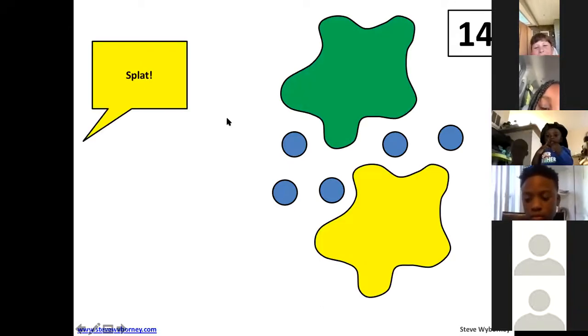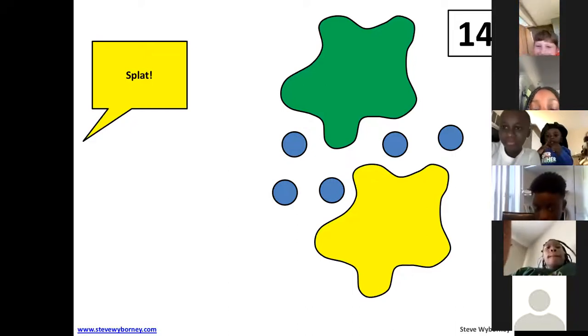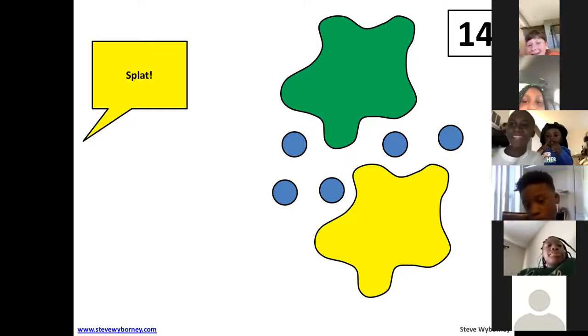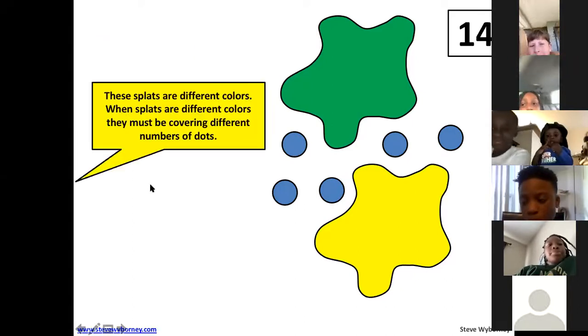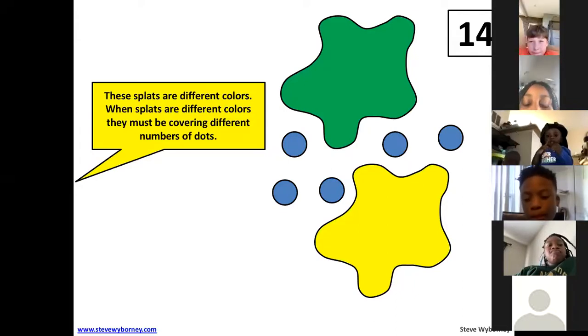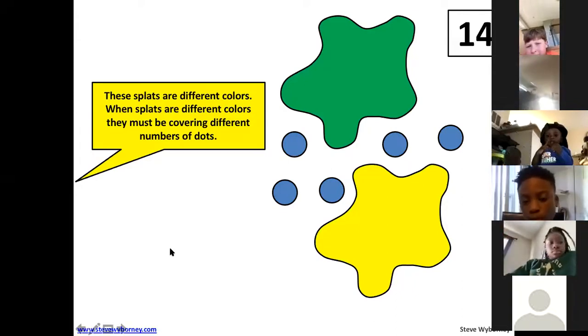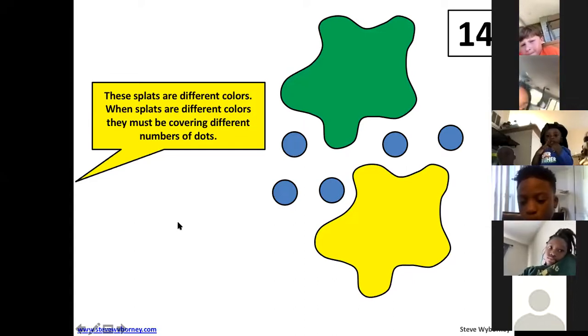14. Okay. So I just splatted the screen. Now, the two different colors mean that they're covering a different amount of dots. So we still have the 14 total dots there somewhere.